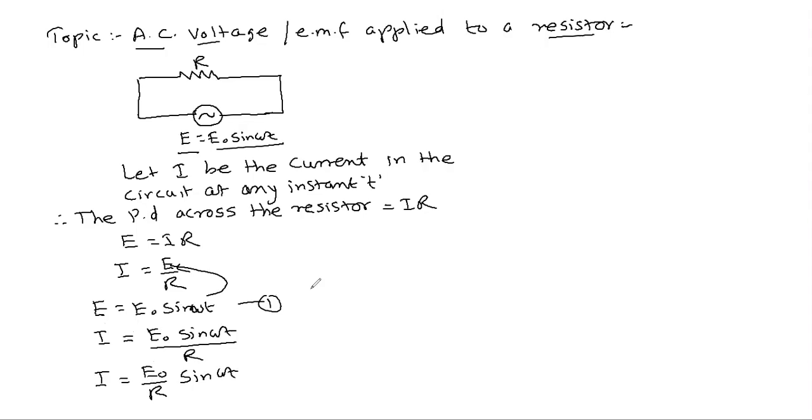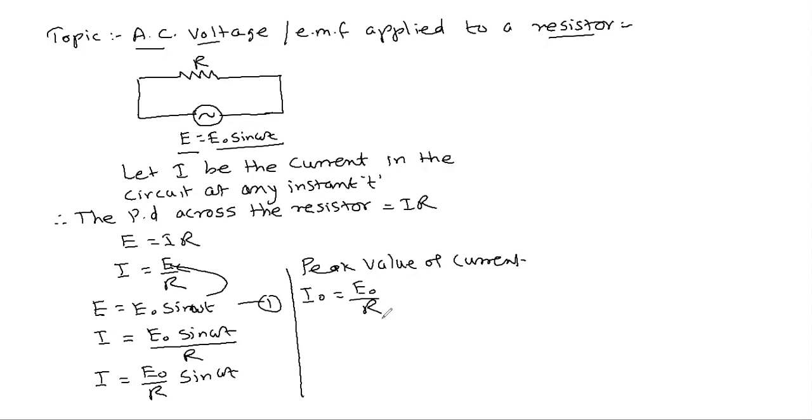Now dear student, you know about the peak value of current. The peak value of current, that is I naught, is equal to E naught upon R.